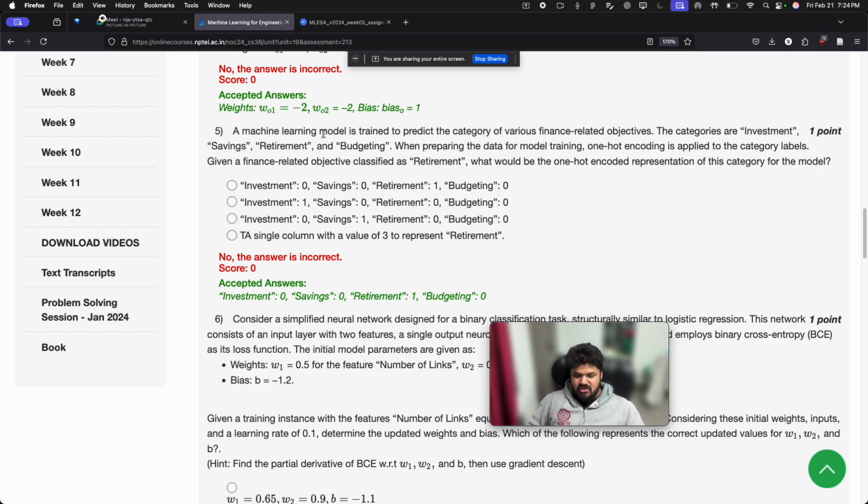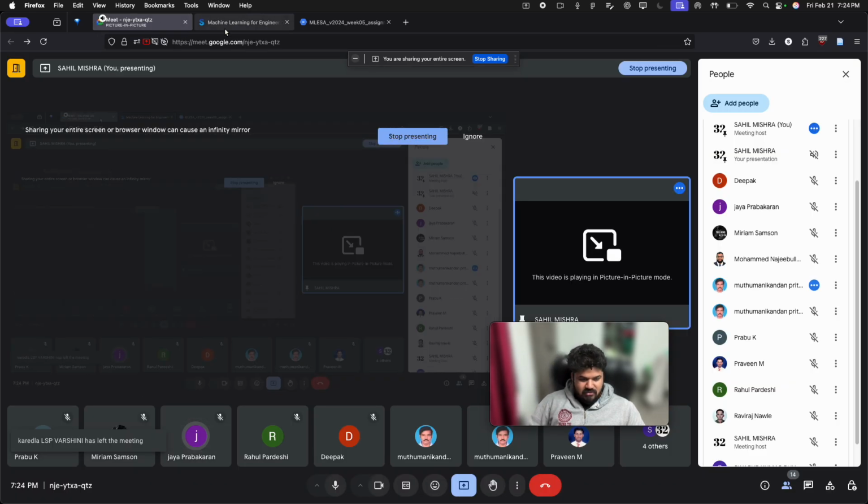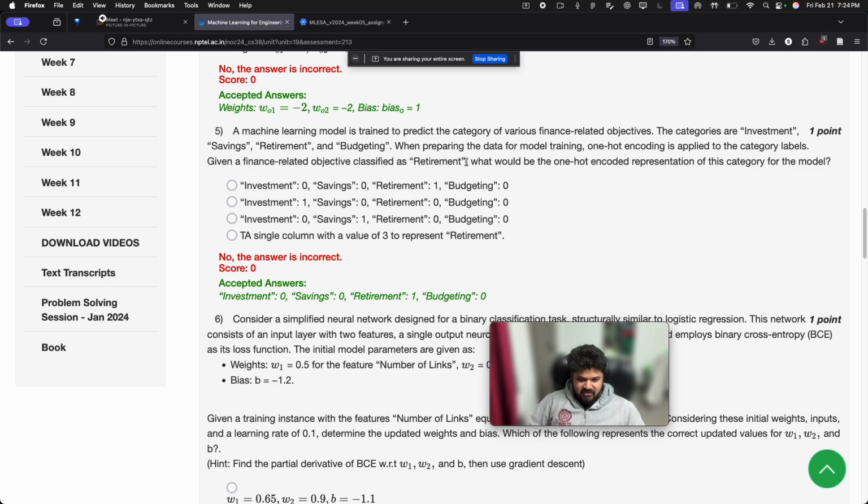Okay, just wait a second. Question number 5. Let's do question number 5. Can anyone read it? Correct.